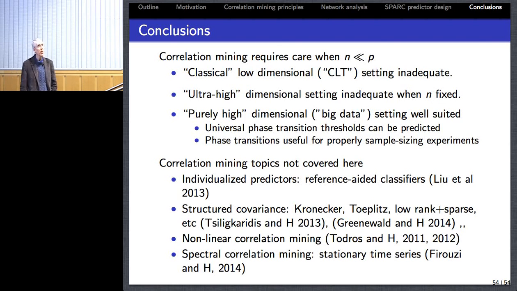So if you use the standard correlations, and I didn't emphasize this enough, you get into this masking problem. If A is correlated to B and B is correlated to C, then they're all correlated, right?